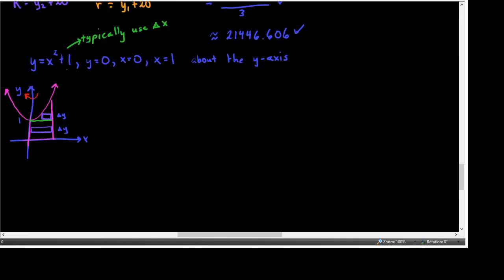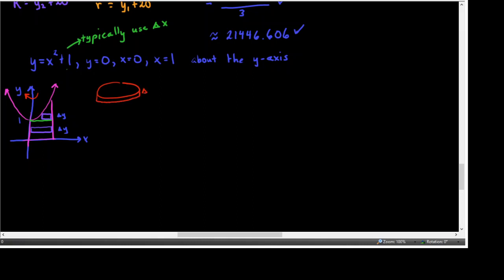And so let's work with the bottom one first. That does not have space between the figure and the axis of revolution. The rectangle touches the axis of revolution from 0 up to 1. So for the first part, the bottom part, that is a disk, not a washer.